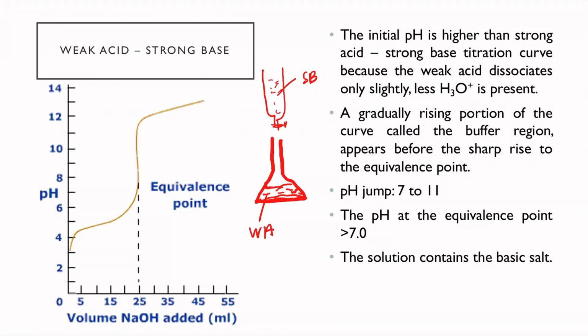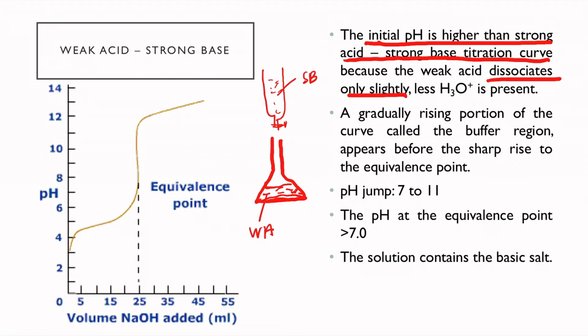So your strong acid will dissociate completely, but your weak acid will dissociate only slightly. If you notice here, the initial pH is higher than the strong acid, strong base titration curve. So maksudnya it's not as low as the one in the first curve.